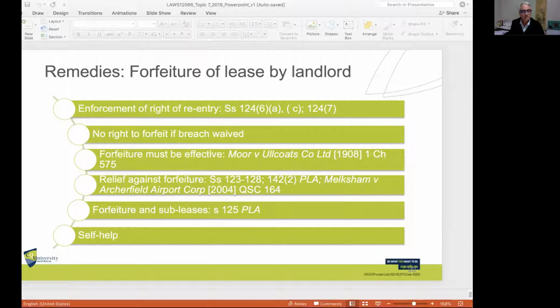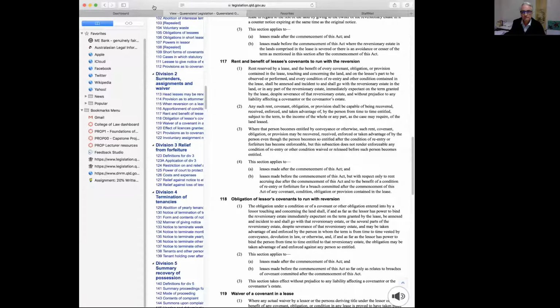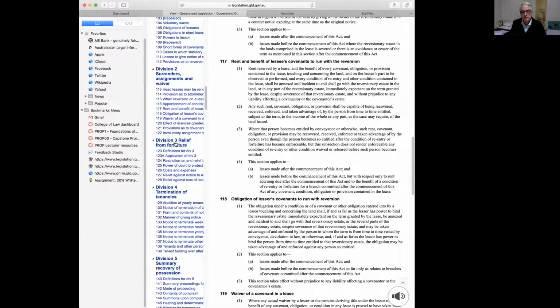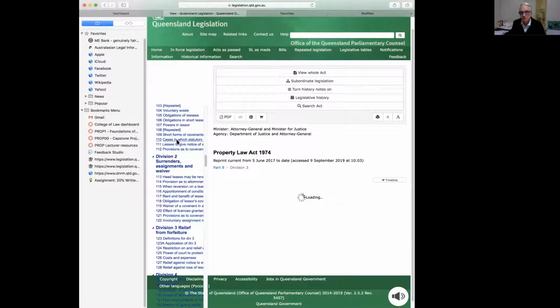Again, we'll just go back and have a look at the legislation on this. So again, we've got Division 3 dealing with relief against forfeiture.